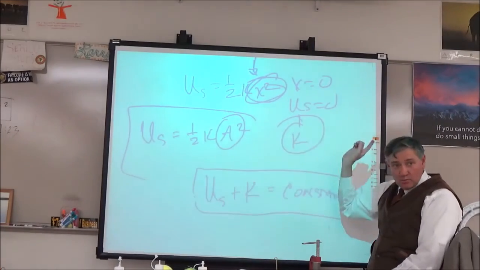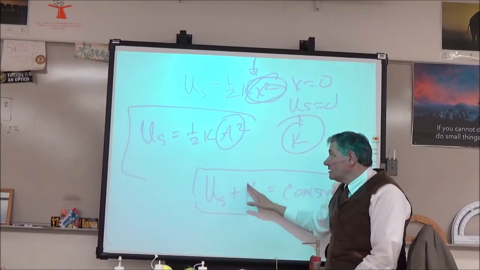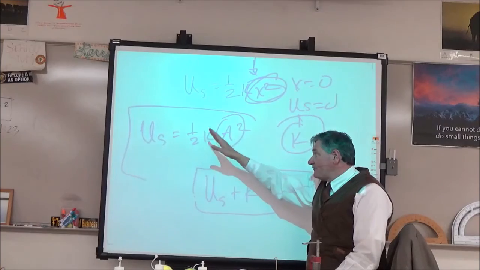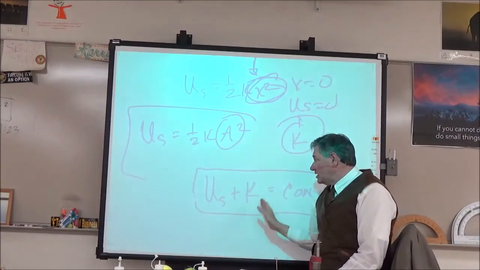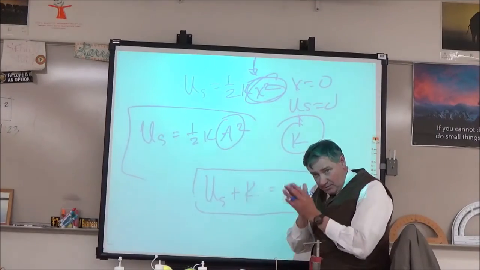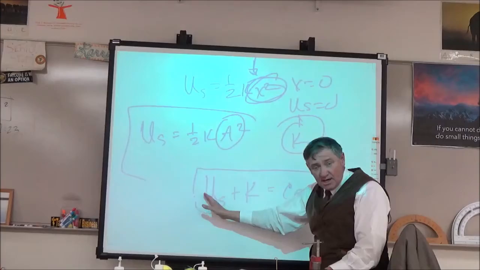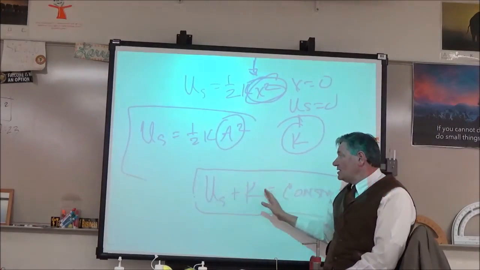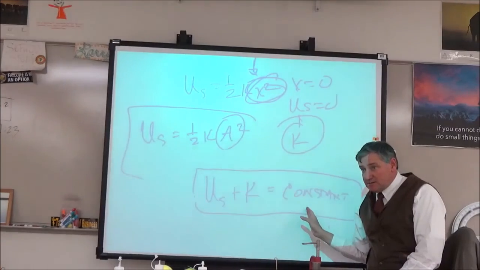When we're at one of the extremes, we have no kinetic, and the potential energy we can find by taking 1/2 ka squared. So it's either all kinetic in the middle or all Us at the extremes. In between, these two values still add up to that constant.